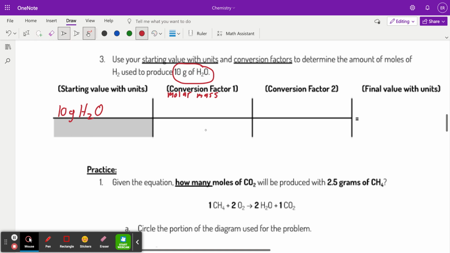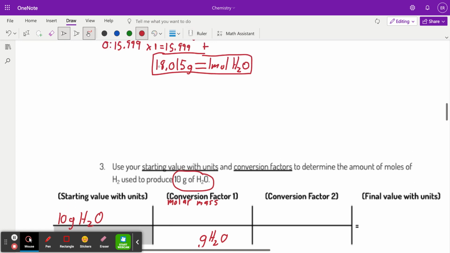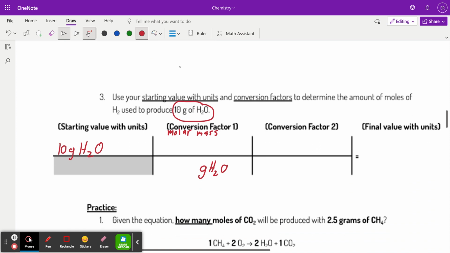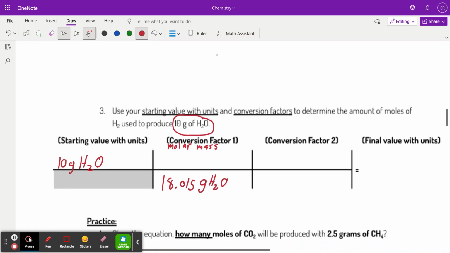So let's put grams of H2O. According to our conversion factor, how many grams of H2O? We have 18.015 grams. So we put 18.015. And then the mole side goes on top. By definition, molar mass is 1 mole, so we have 1 mole of H2O.